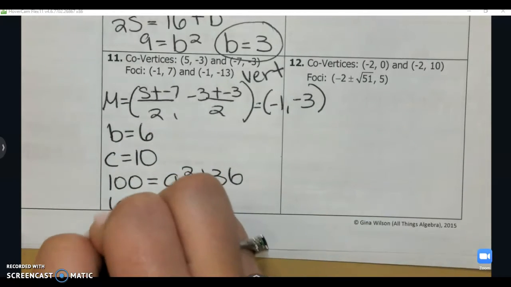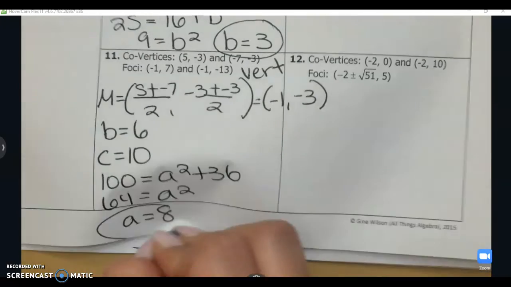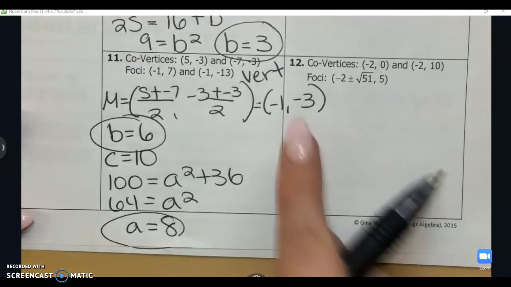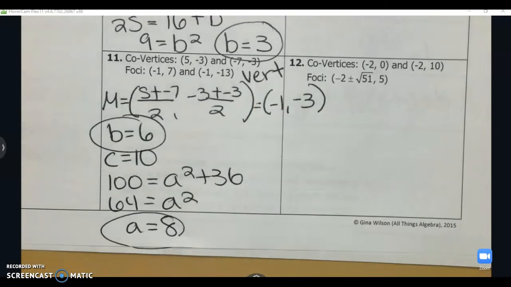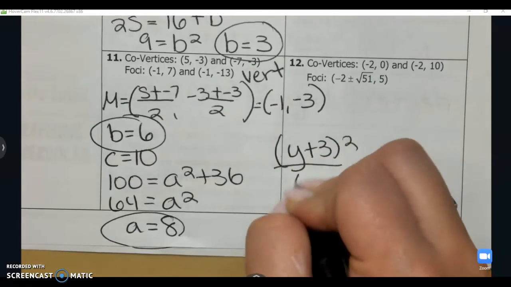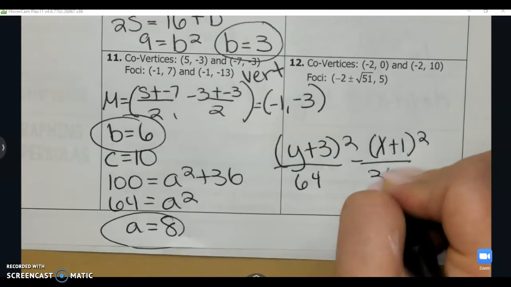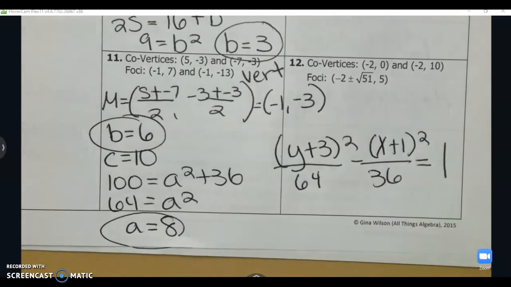So we end up with A squared being equal to 64, which means A is 8. So here's B, here's A, here's my center. I know it's a vertical hyperbola. So (y plus 3) squared over 64 minus (x plus 1) squared over 36 is equal to 1.